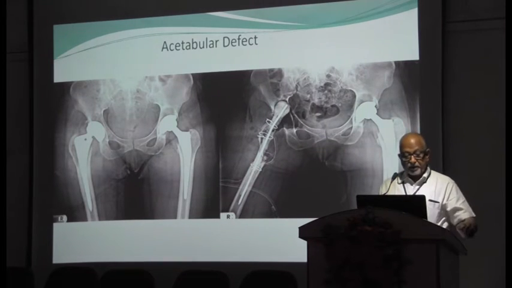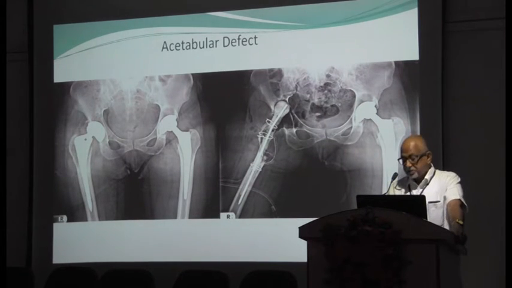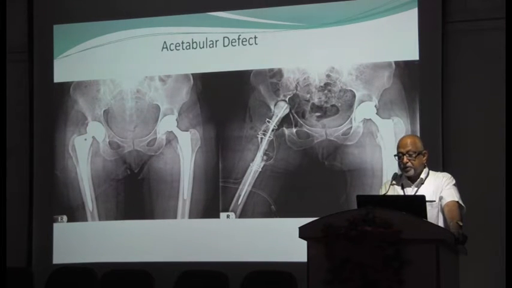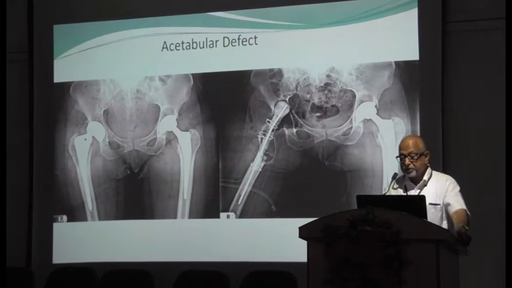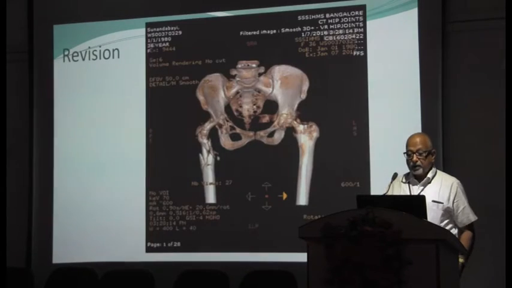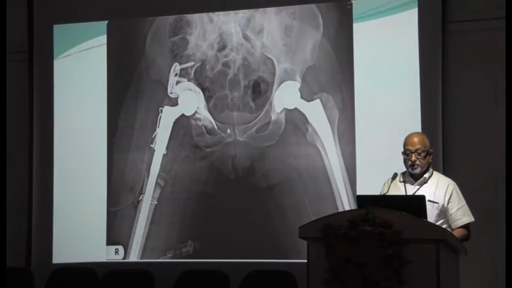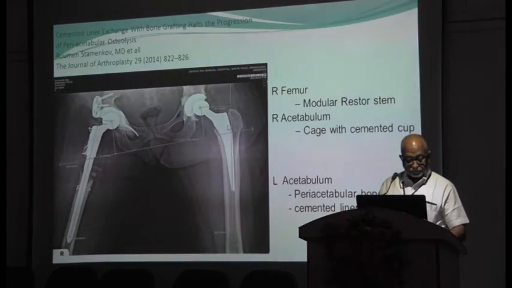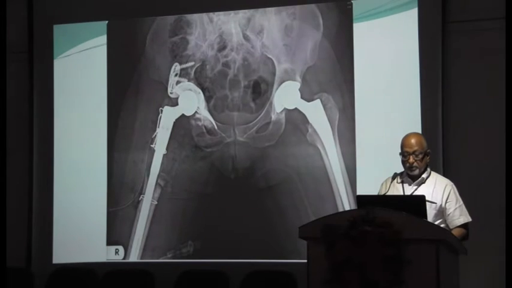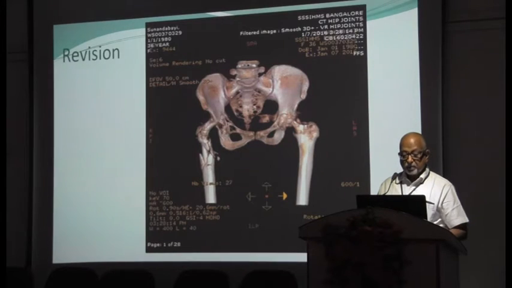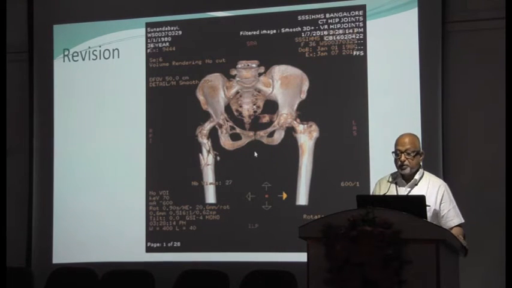Since we were not completely prepared with all the necessary implants, we had to find an alternative and do something at a second stage, so we left her with a spacer immediately and had a CT done to assess the complete degree of bone loss.